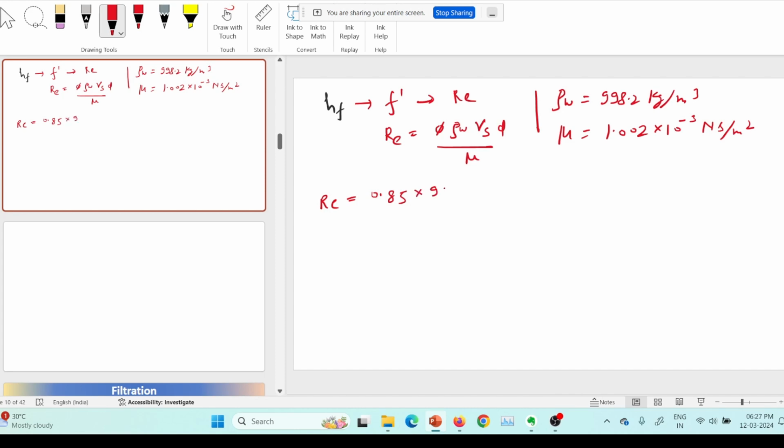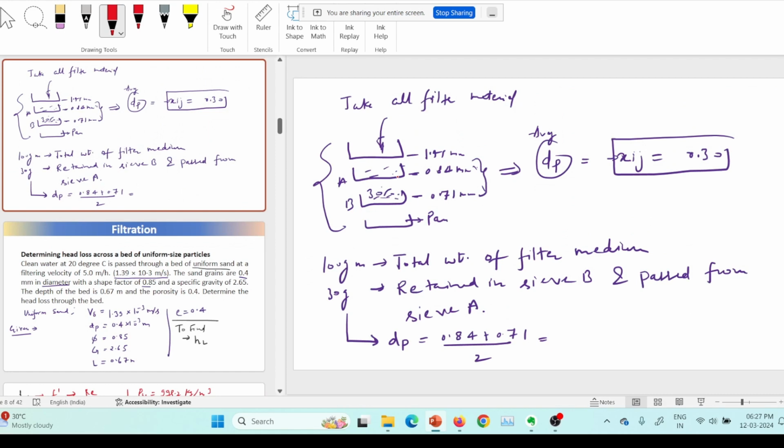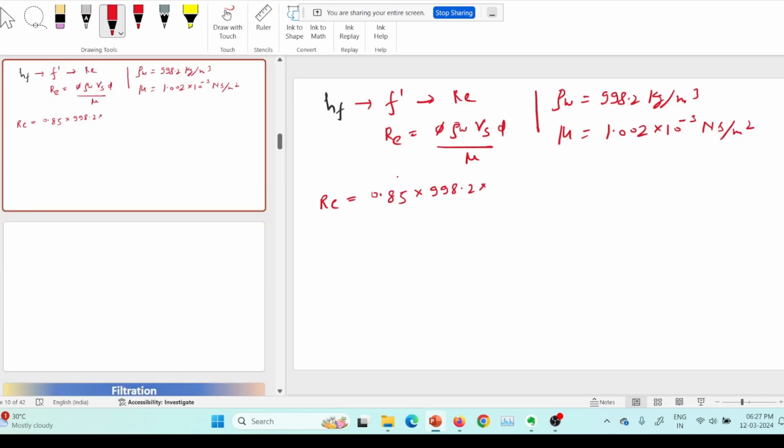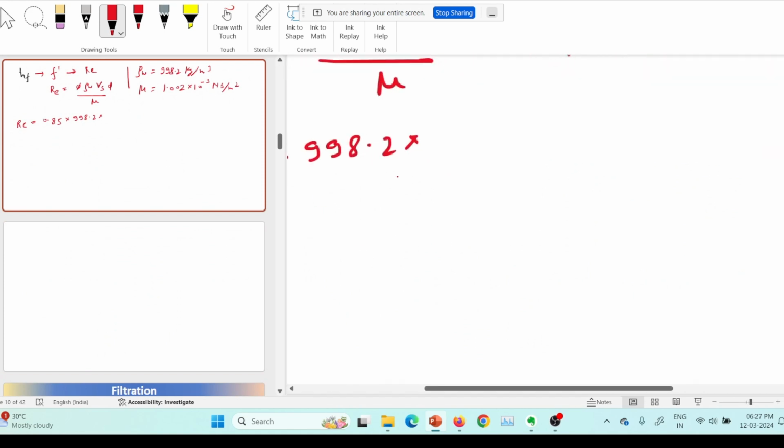Density of water is 998.2, into filtration velocity. Filtration velocity was 1.39 into 10 to the power minus 3.